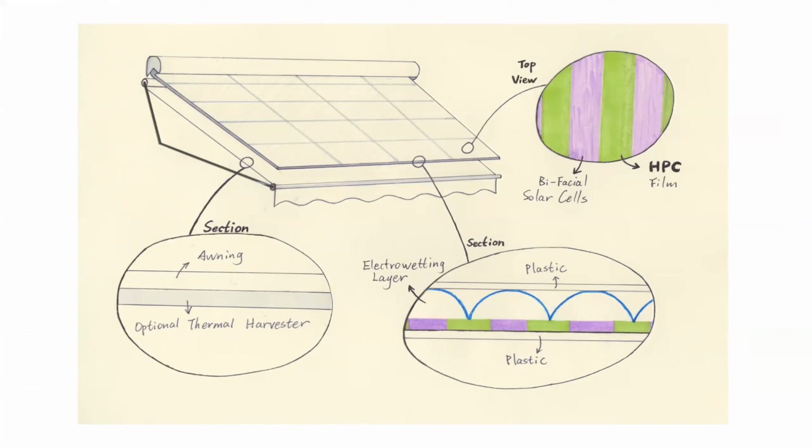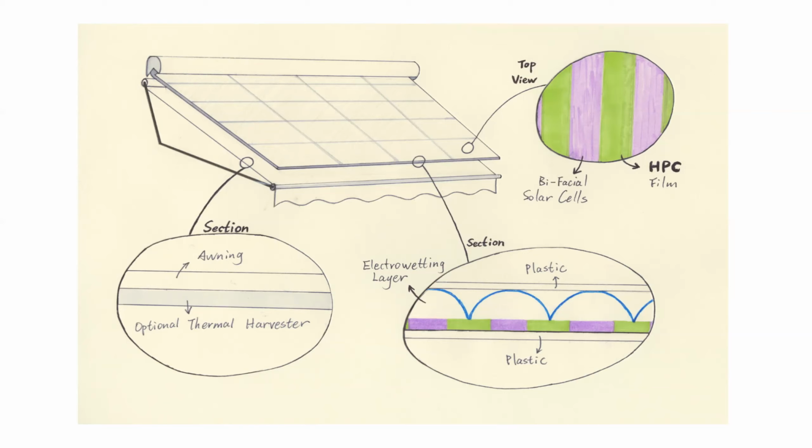The unwanted infrared lights can heat up the panel, which can cause damage to the panel and lower its efficiency. I see. And the awning underneath, the optional thermal harvester, can absorb that infrared light. So why wouldn't you make a multi-layered film, like the purple and the green on top of each other, as opposed to interspersed? I didn't understand why you chose this architecture.